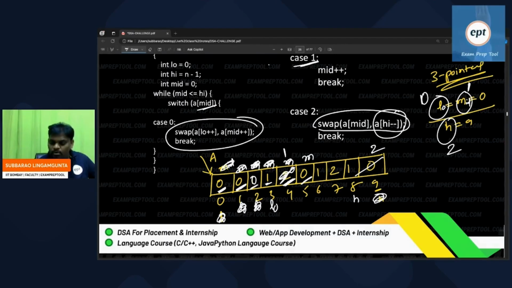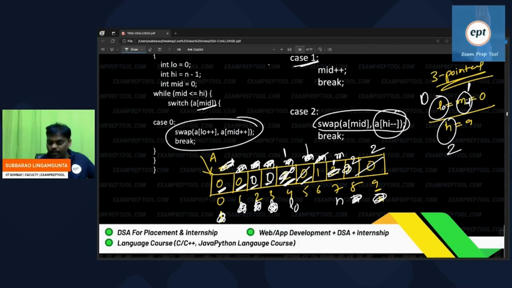Whenever 0 comes, low and mid swap, then low and mid both increment. If 1 comes, only mid increments. If 2 comes, mid and high are swapped, and afterwards high is decremented.